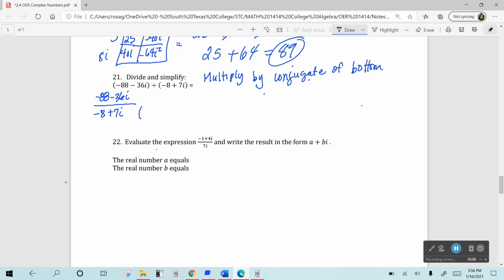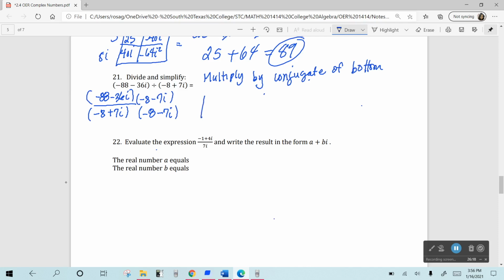So the conjugate of the bottom is -8 minus 7i. See, I'm keeping the -8 as it is. I'm just changing that middle sign right there. And then you do two boxes, one for the top and one for the bottom. And then you combine them, and that's your answer.